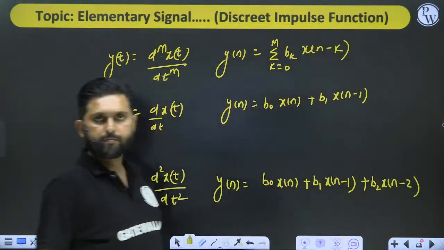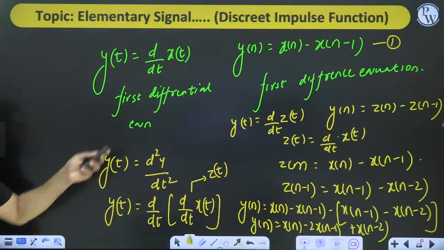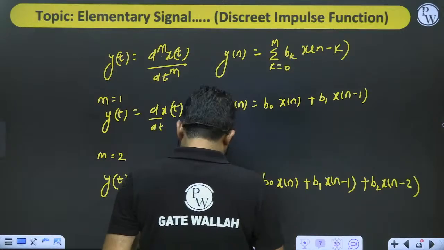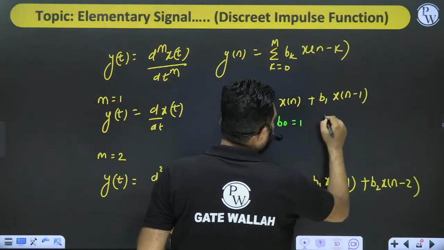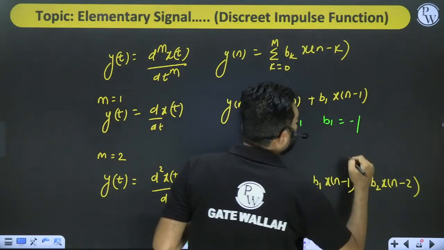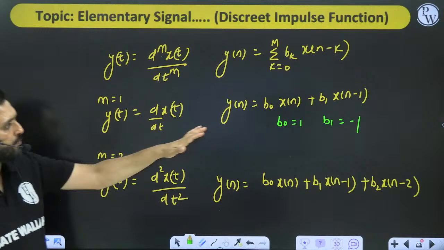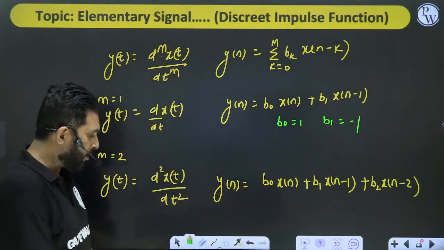Now what are the values of b0, b1, b2? We already found out: b0 is 1 and b1 is minus 1. So d by dt of x(t) in discrete form is x[n] minus x[n minus 1]. That's what the meaning is. Similarly here, what is b0?